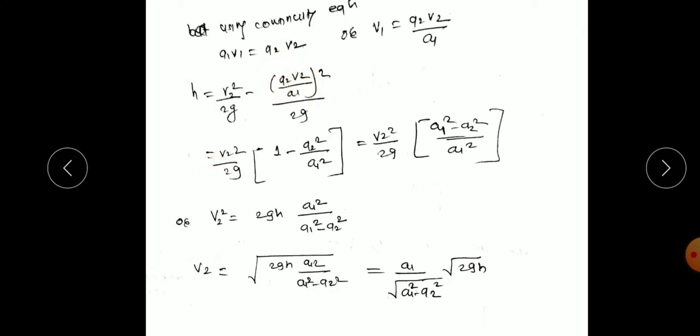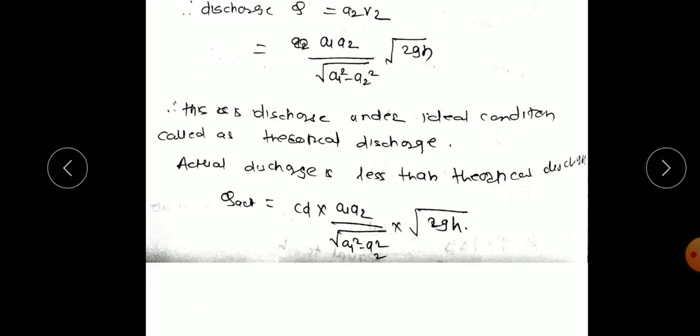Taking common, we get 1 minus A2 square upon A1 square. So we get V2 square in terms of areas. So V2 is equal to the square root of 2GH over A1 square minus A2 square times A1, that is V2 equals A1 upon square root of A1 square minus A2 square, times root 2GH.